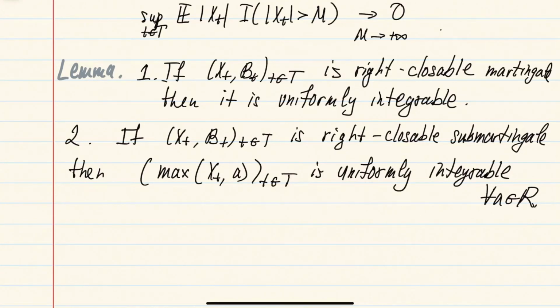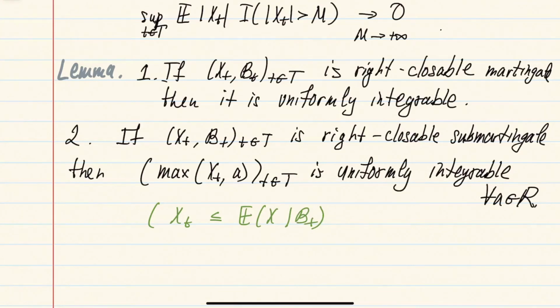In the first statement here, I of course meant a right closable martingale. And in the second statement, what do we mean by a right closable submartingale? We mean the same statement as for the martingale, except with an inequality: that X_t is less than or equal to the expectation of some fixed random variable X conditionally on B_t.